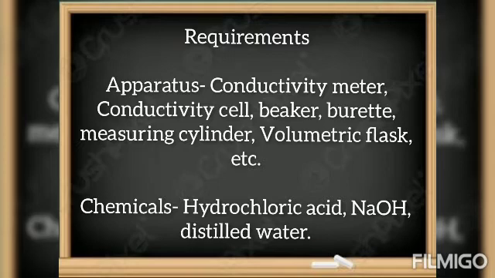Then the requirements. Apparatus: conductivity meter, conductivity cell, beaker, burette, measuring cylinder, and volumetric flask. And chemicals are hydrochloric acid, sodium hydroxide, and distilled water.